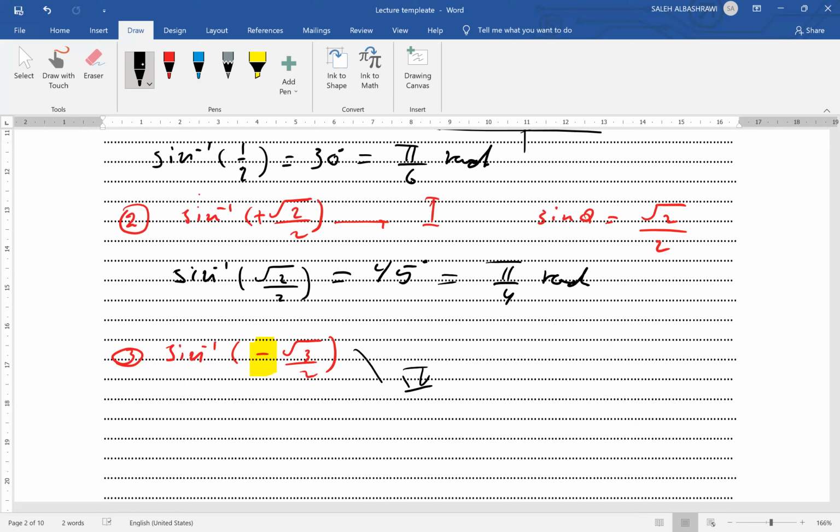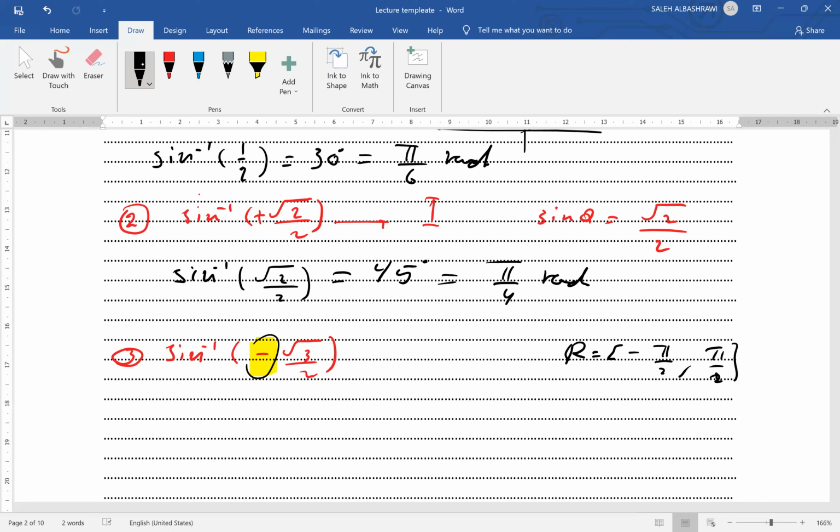So we are looking in the fourth quadrant, or it should be a negative angle, because we know that the output range of sine inverse is between minus pi over 2 and pi over 2. Since this is negative, it will be in the negative part of the range.